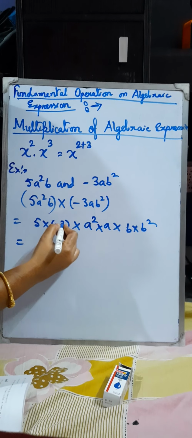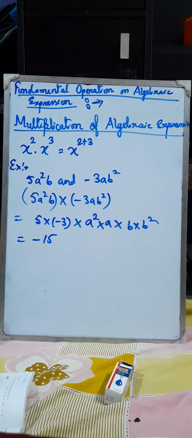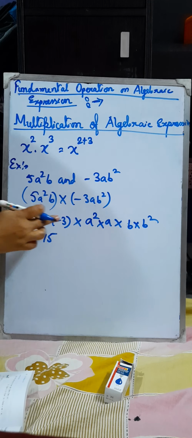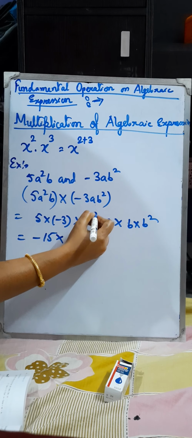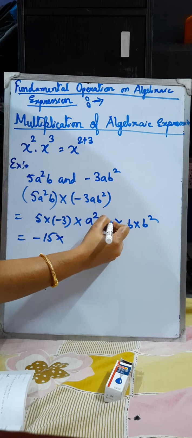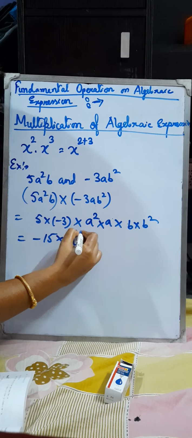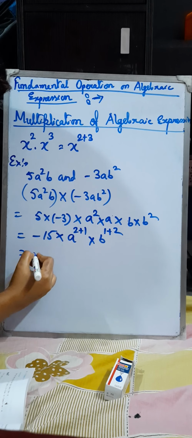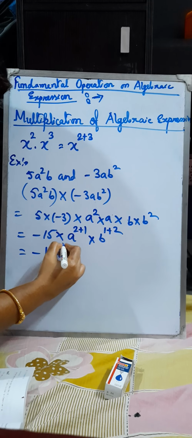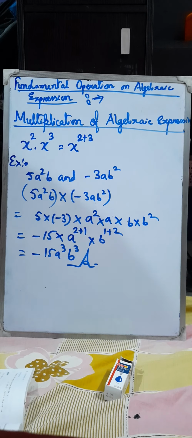Now numerically 5 threes are 15, and you know that in algebraic expressions, one plus and one minus multiplied give minus. Now a square means a to the power 2, and here no power is given, that means a to the power 1. So the power will be 2 plus 1, and for b, 1 plus 2. So the answer will be minus 15a to the power 3, b to the power 3. This is your required answer.